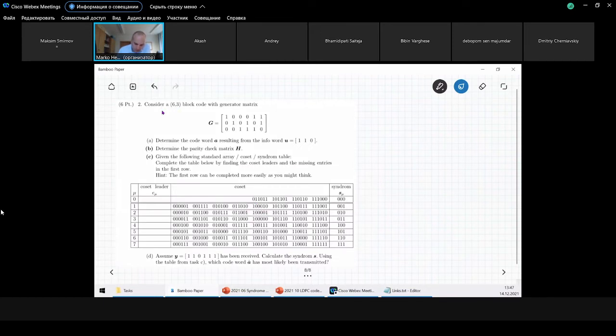But anyway, it's still an interesting task to solve. And there I would give you again some time to try to solve it on your own. Let's just give you some time. So try to solve this one and give me a hint if you are done, or also write if you have difficulties solving.